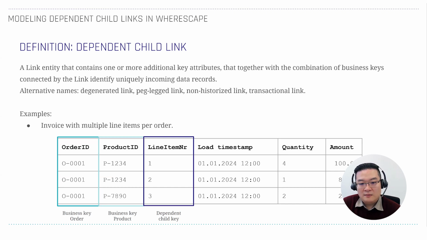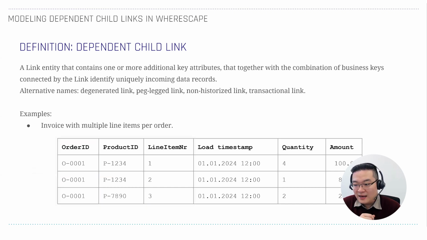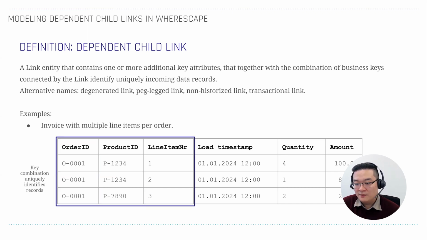That is the reason why the only unique key combination that can be used to identify records in the source is order ID, product ID, and line item. And this is where a dependent child link comes in. Now, this is an if.